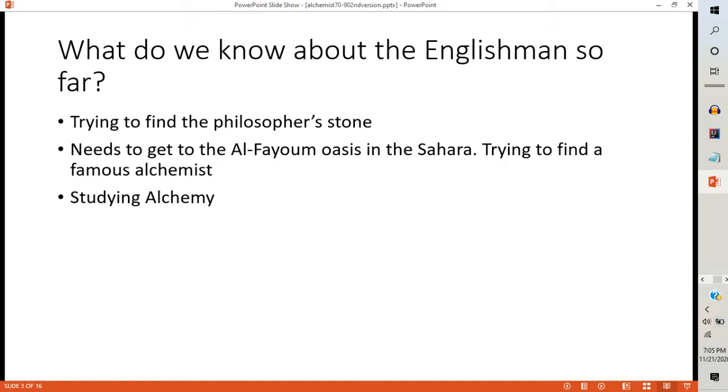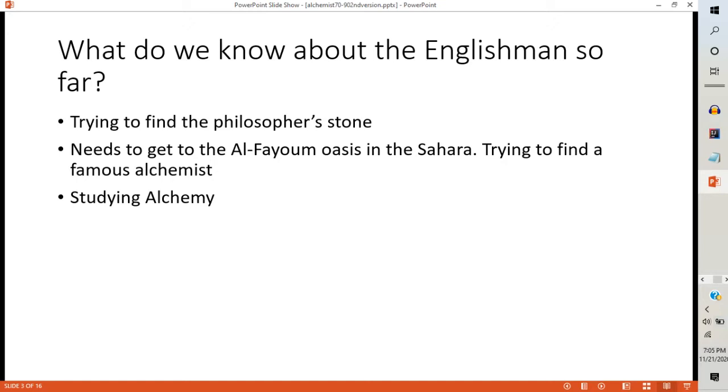So, in a way, Santiago and the Englishman are both looking for their own personal legend. Right? They're both trying to accomplish this thing. But they come from seemingly different backgrounds.